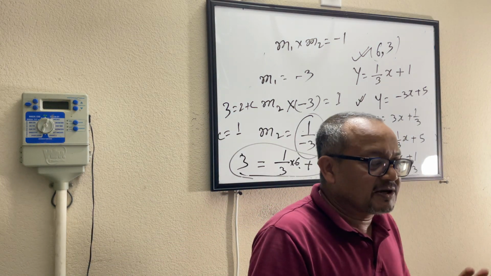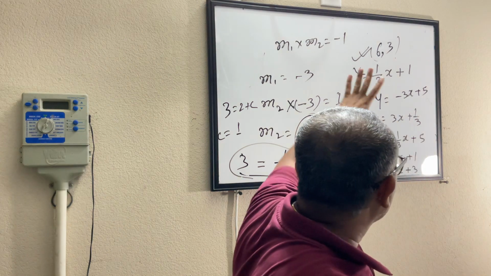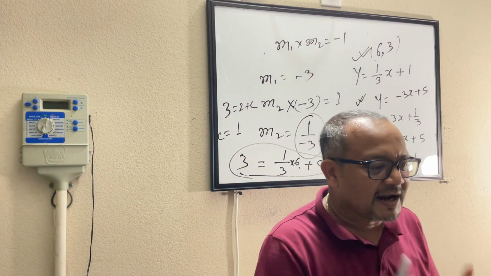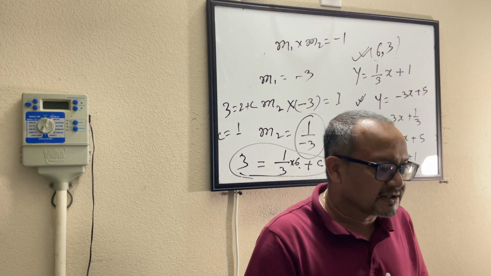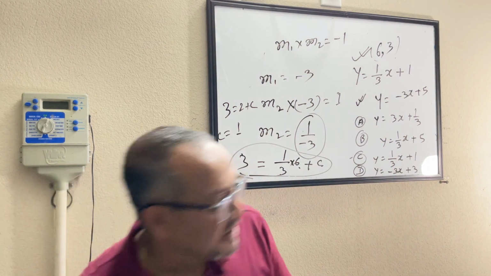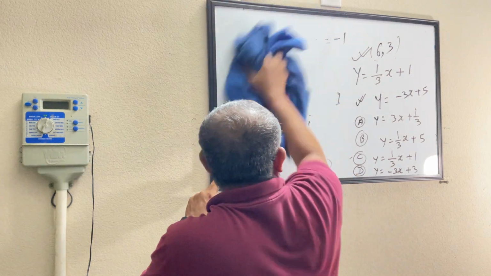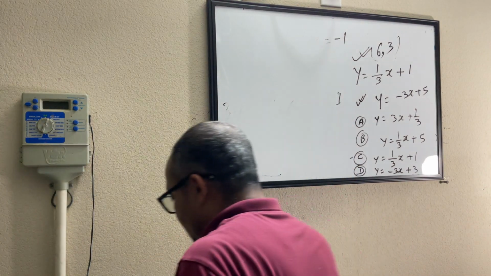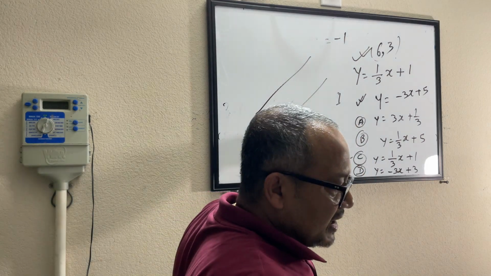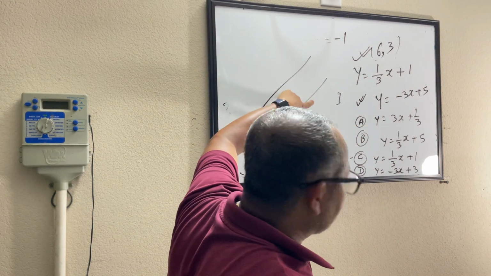Okay, but yeah, simple concept here. When you are dealing with a problem like this, what we have to know is how are the slopes of parallel and perpendicular lines related. So the concept that you want to remember is that when you are talking about parallel lines, your slopes are same. Meaning m1 and m2 are same.